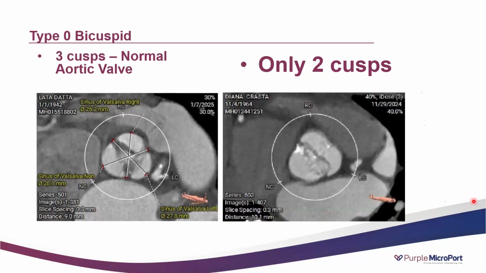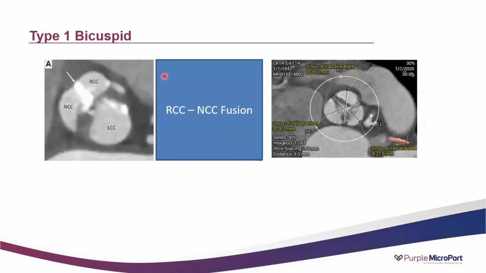Any doubt? No. Okay. Now, can you see this raphe between this RCC and the NCC? Can you see this white raphe? Yes, we can see. This is called type 1 bicuspid, Dharmesh, that you were asking, no? Yes. So from this leaflet, the blood will not flow properly, or there will be a hamper. So the function of both these cusps will be hampered.